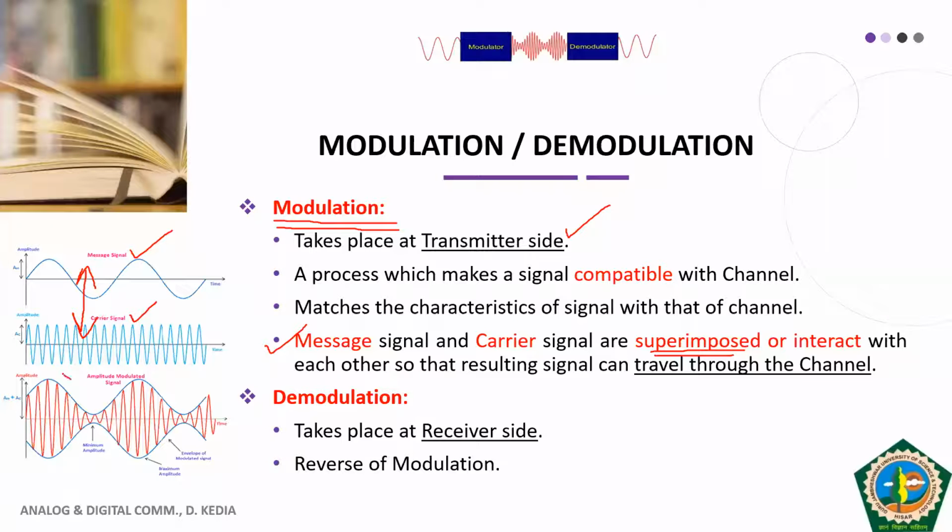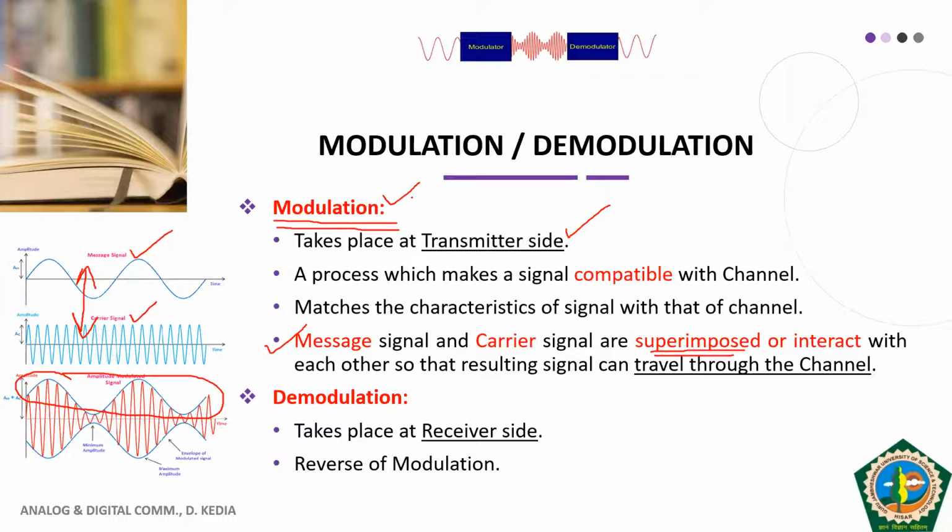Once we superimpose, you can see here that this message signal is riding over the carrier signal. Okay, so this superimposition or interaction of message and carrier signal with each other happens during modulation, or this happens in the modulator. Again and again, I'm trying to tell you that modulator or the modulation does the superimposition of message and carrier.